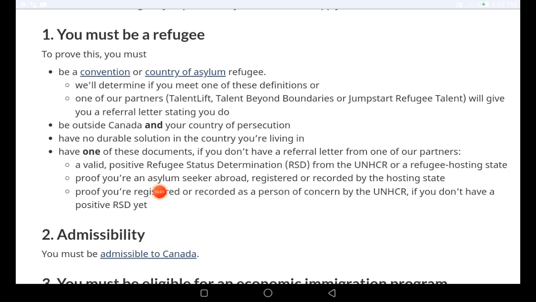You must prove you are an asylum seeker abroad, registered or recorded by the hosting state, registered or recorded as a person of concern by this body, and if you don't have a positive RSD yet, okay, so for you to be able to apply into this program, you must not be at your home country at the time you are applying into this program.